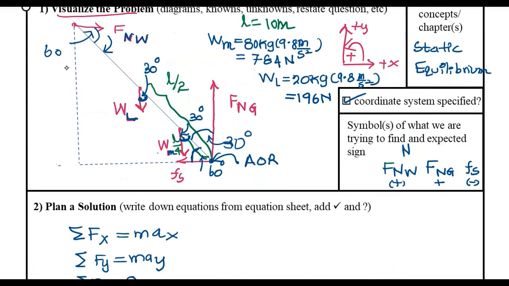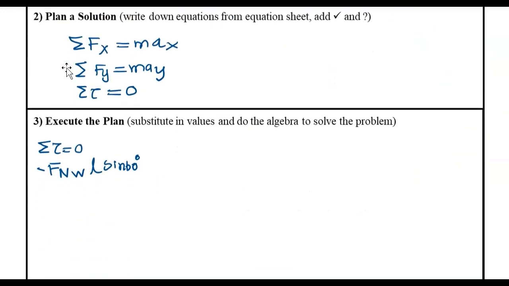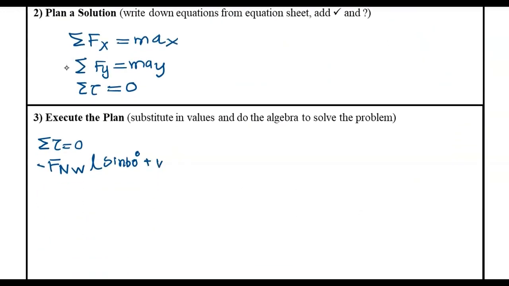And then the torque from the weight of the ladder, as you can see, is going to rotate your system counterclockwise, so that should be a positive torque. So force times the distance is L by 2 sine 30 degrees.